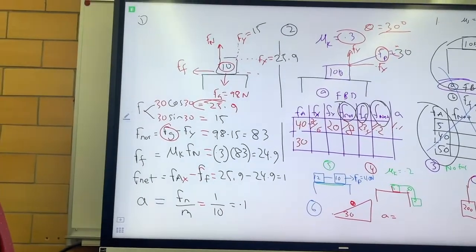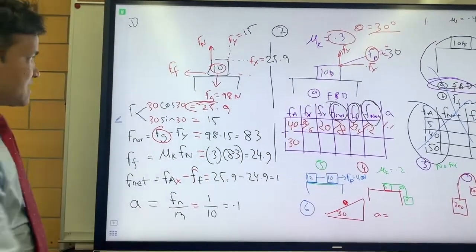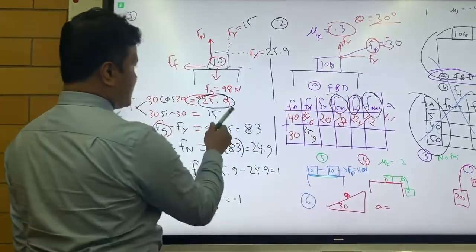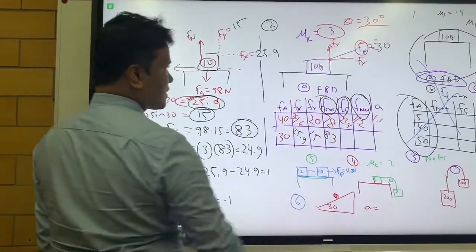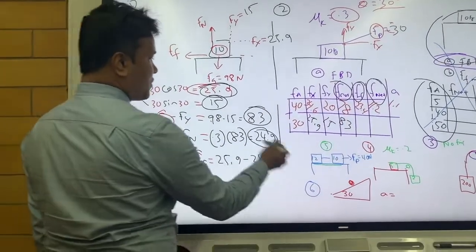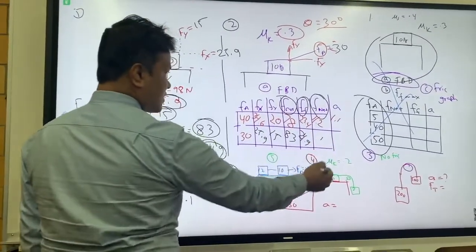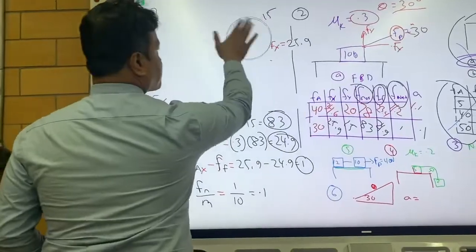Does that make sense? Yeah, that makes sense. Acceleration is less because the applied force is smaller. So we're going to write 25.9, and then 15, 83, 24.9, 1, and 0.1. Okay, so we're done with that problem.